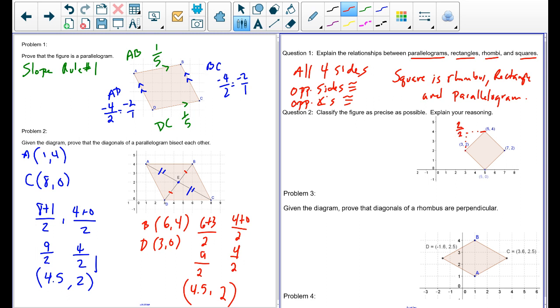Okay, so again, let's take a look. Does that distance go up 2 over 2? So from 0 to 2, yep. 5 to 7, yep. 2 over 2. What about 5 to 7, 4 to 2? Yep.